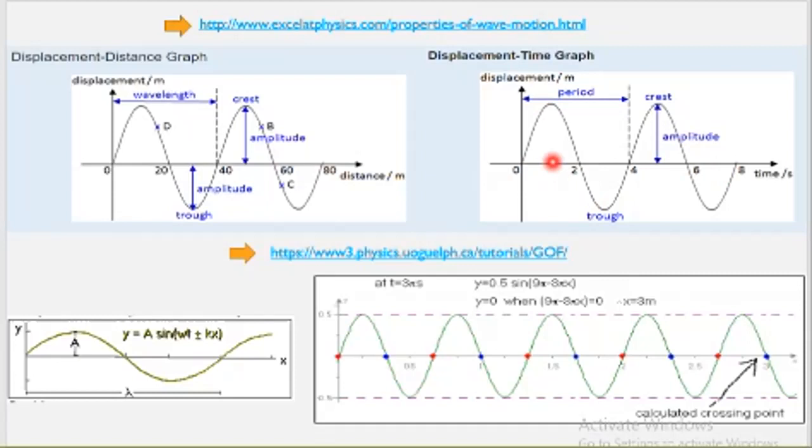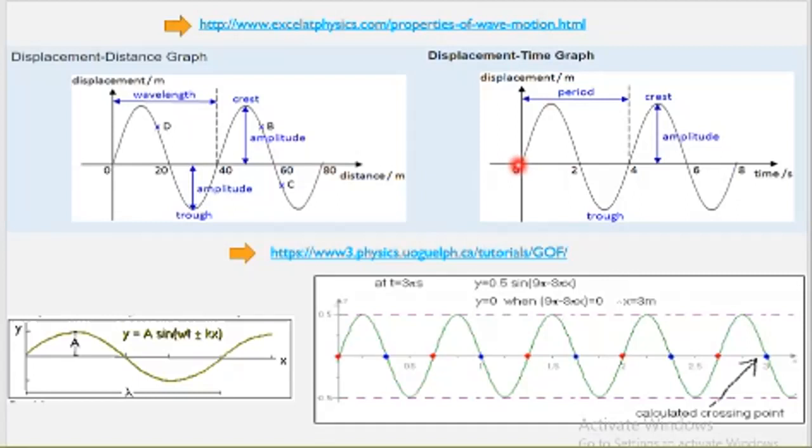So in unit time, you can say the number of oscillations covered is 1 by 4th, because one oscillation is completed when a point on a wave repeats itself.